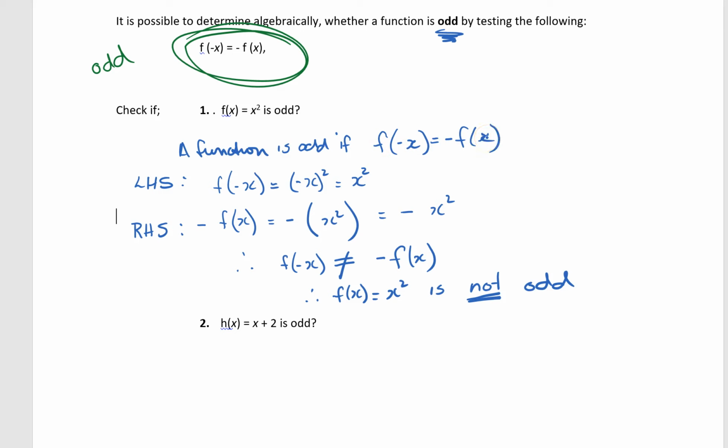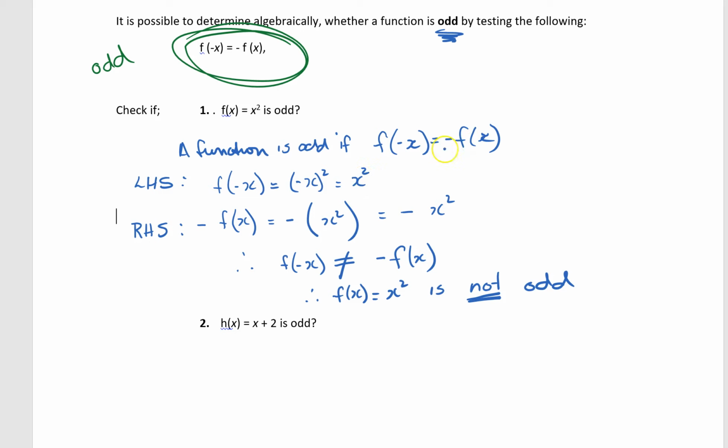And two, you want to convince the marker that you know how to answer this question. So I'm going to take the left-hand side, which is f of minus x. I'm putting minus x into the function. It has to be squared, and a negative times a negative is a positive. x times x is x squared. So it just comes out at x squared. Now we can't go any further really with that.